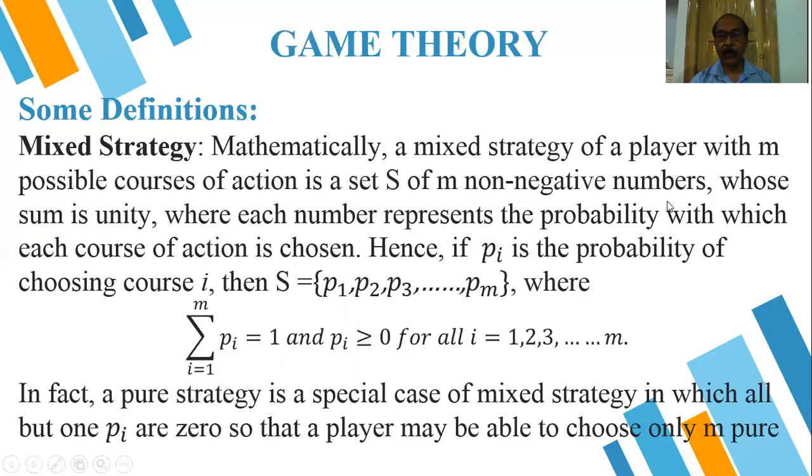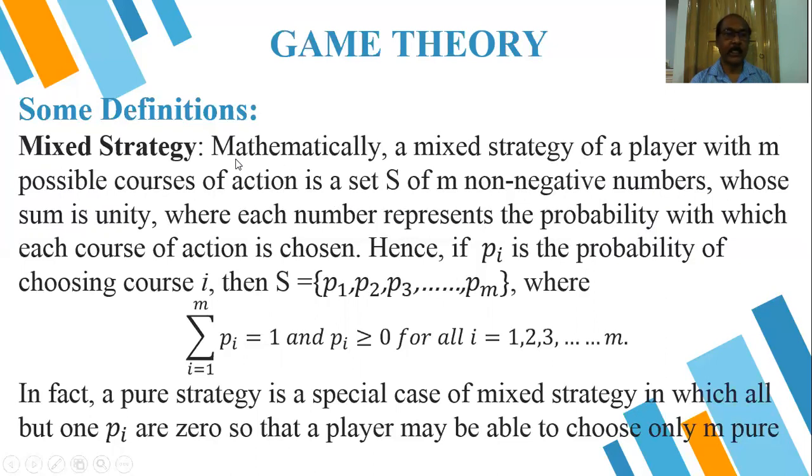And the minimizing player B chooses the course of action first 2, then 1, then 3, and 4, and it is changing. Maybe a combination of 1, 2 or 3 for player A and B also, to maximize the gain and try to minimize the loss. That combination is known as the mixed strategy.